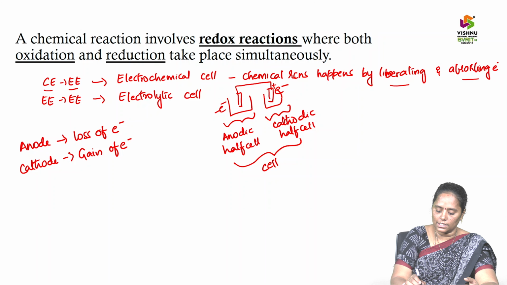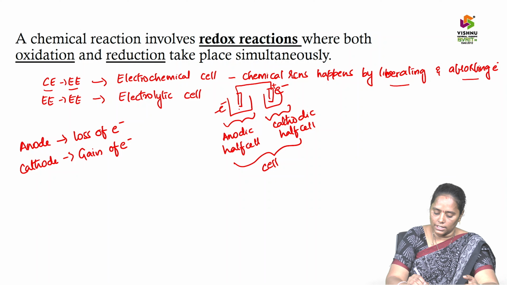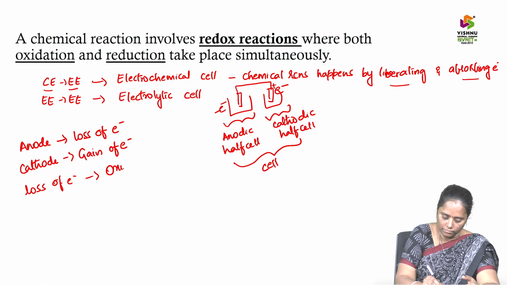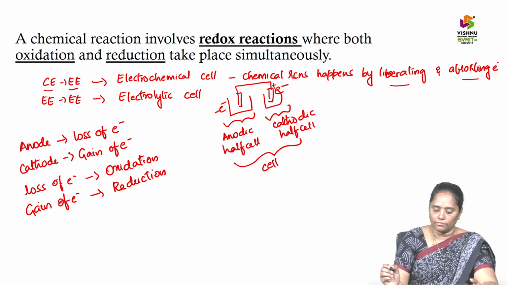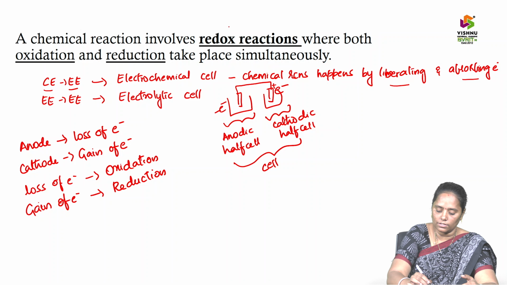As the charge is moving, electrons are also charged particles. The oxidation reactions and reduction reactions are happening. We know that loss of electrons is oxidation, gain of electrons is reduction. The name of the reaction we call it as redox reaction.